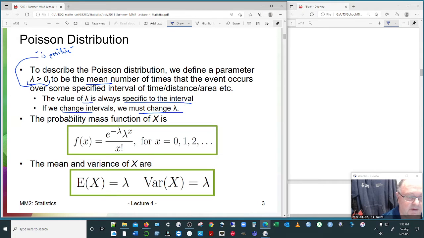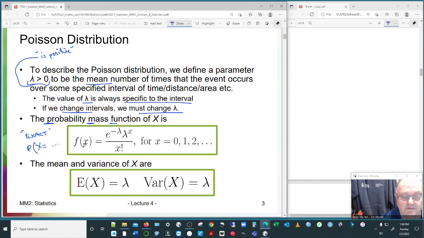So the probability mass function, now you know what that means, the PMF, it's the exact one that's going to be applied to the random variable. We've got that for the binomial, but now we've got it for the Poisson distribution as well.